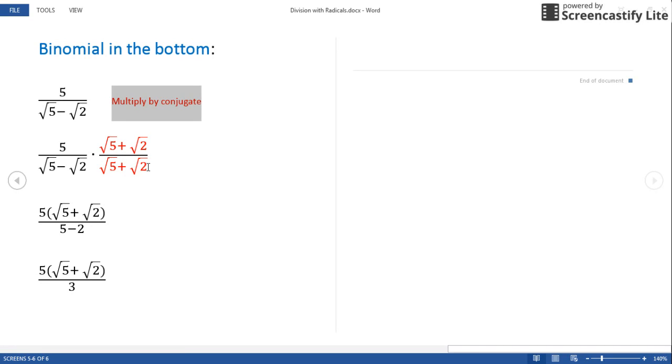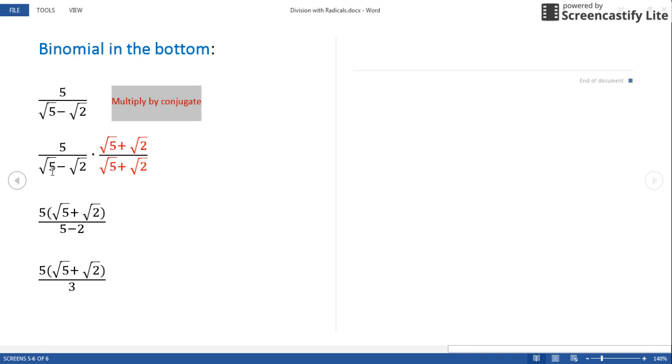If I'm going to multiply by that on the bottom, I have to also multiply by it on the top. Now, let's leave the top part unmultiplied in case there's some simplifying at the end. So let's just call it 5 times square root of 5 plus square root of 2 in parentheses.